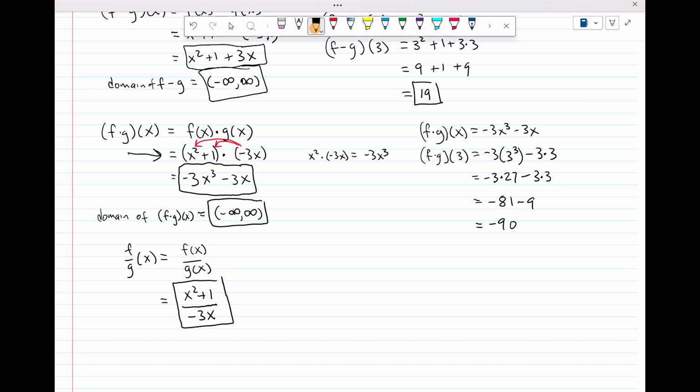For the domain, it will basically be all real numbers because it'll be the intersection of the domain of f of x and the domain of g of x, which we already said is all real numbers.